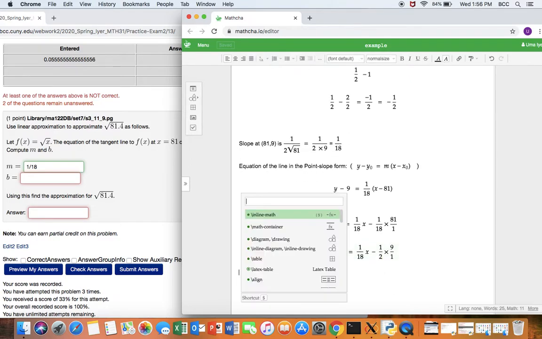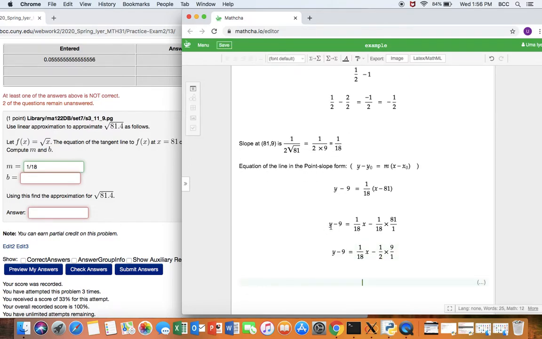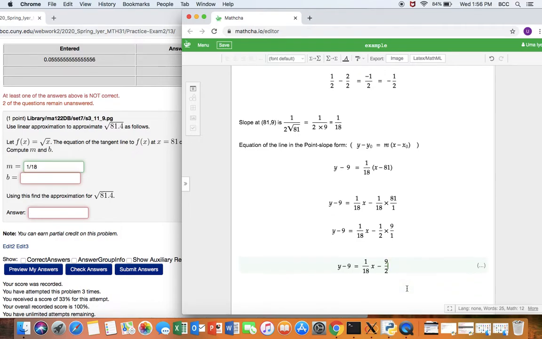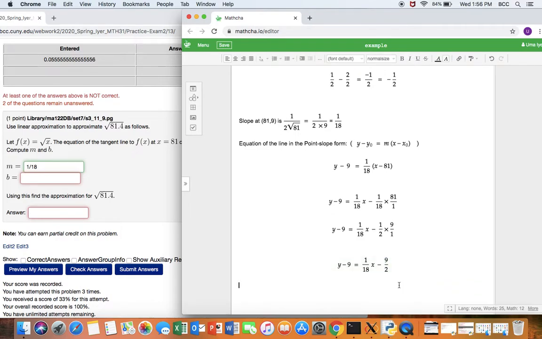Okay. So let's rewrite that. I'll cut and paste, but instead of writing 9 over 1 and 1 over 2, I'll simply write 9 over 2 and erase the rest. Is this clear? So I'm almost done.